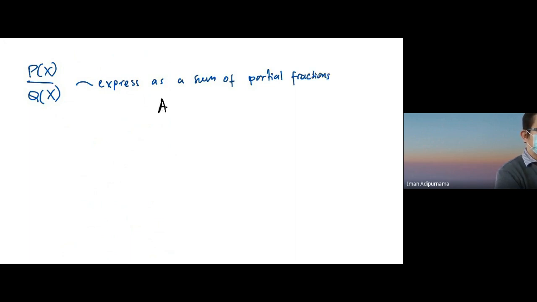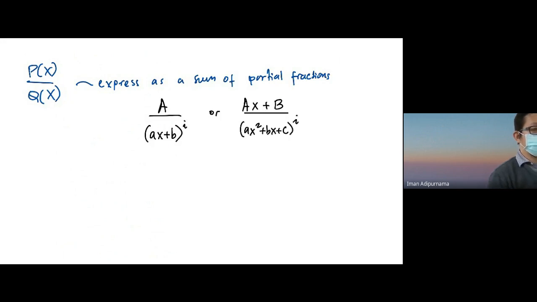We can have A over ax plus b to the power of i. We can have more and more, or Ax plus B over x squared plus bx plus c to the power of i.